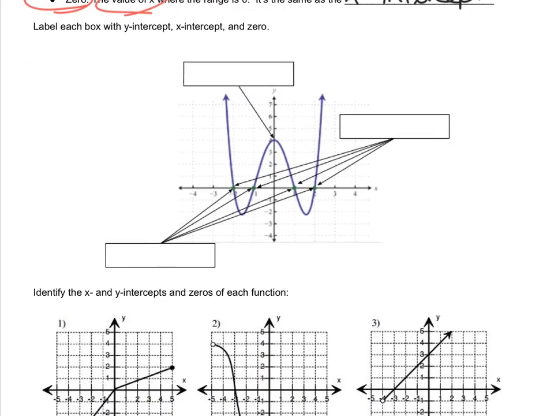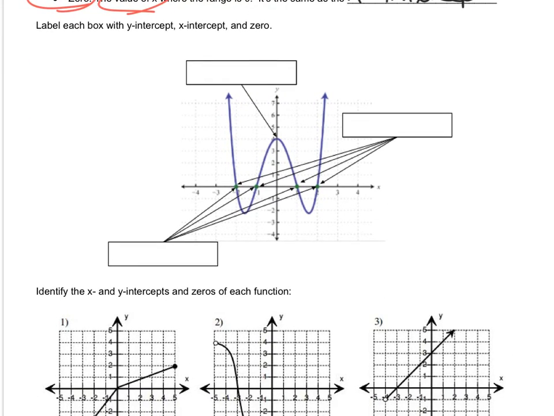So let's say you have this graph here. This arrow here is pointing to this point where our curve crosses our y-axis. So this point here is the y-intercept. Okay? And then down here, we have two boxes, and they're pointing.